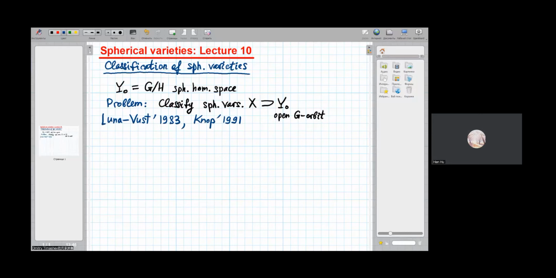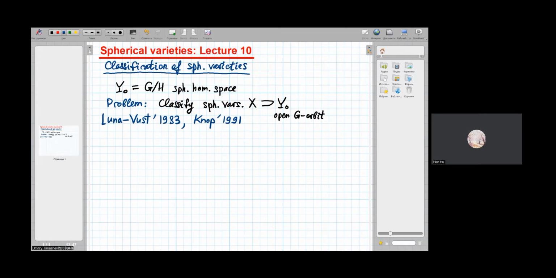Okay, so how do we handle this classification problem? We perform the classification in terms of certain invariants of geometric and combinatorial nature. You will see which kind of invariants we'll have. The point is that these invariants depend only on the open orbit in a spherical variety. In other words, they are the same for two birationally and equivariantly isomorphic spherical varieties.